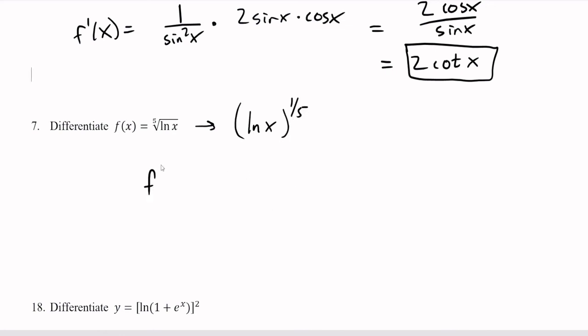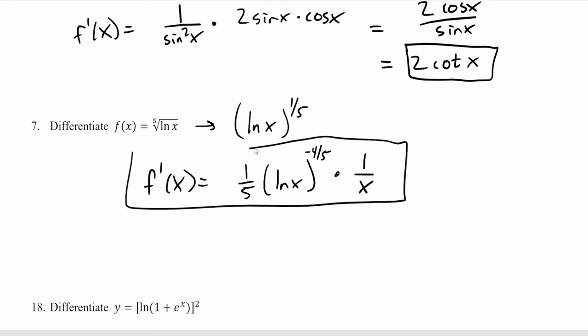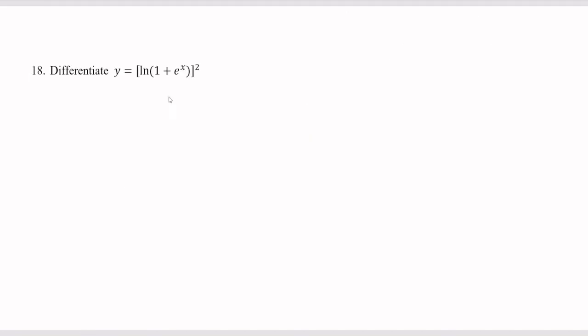So then the derivative of this, again, this is chain rule, but this is one of those quicker ones. 1/5 ln x to the -4/5, because remember I subtract 1, times the derivative of the inside, 1 over x. All right, all done. Boom. Chain rule, but it's a function to a power, so the chain rule is a little easier to do. Drop it, subtract 1, multiply by the derivative of the inside.